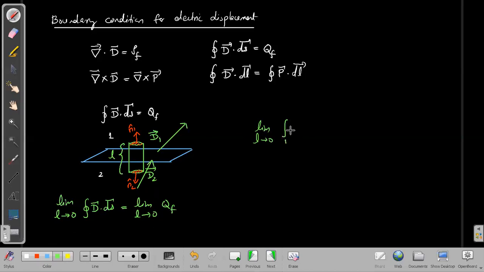One is the integration over the first surface, the upper surface, D1 dot ds, plus the integration over the second surface, the lower surface, D2 dot ds, and the integration over the curved surface would be 0. That would be equal to the limit L tends to 0 of QF. So that is the QF at the boundary.